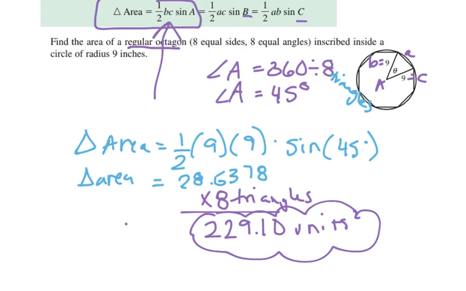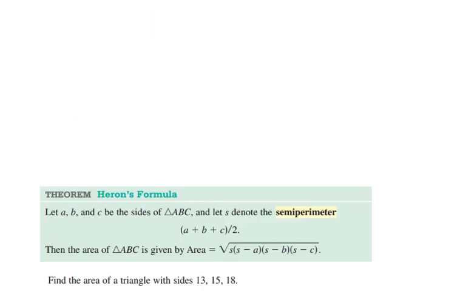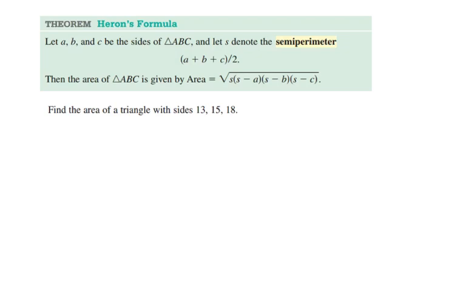Alright, so then we move on to the next formula, which is the semi-perimeter. The semi-perimeter needs to be noted because it's used within the formula. Semi-perimeter is denoted by the letter S and then used in this formula for finding the area of the triangle.